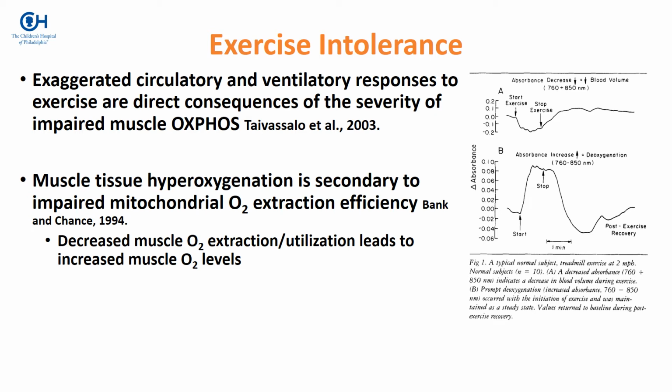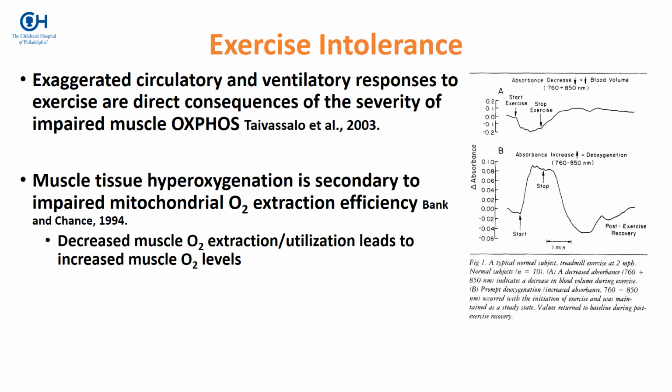Now, if you look at it from the other angle, instead of evaluating mitochondrial oxygen utilization, Britton Chance looked at oxygen levels in muscle tissue, so in contracting muscle tissue following exercise. He did this using near-infrared light, where they measured the level of oxygenated hemoglobin in muscle.